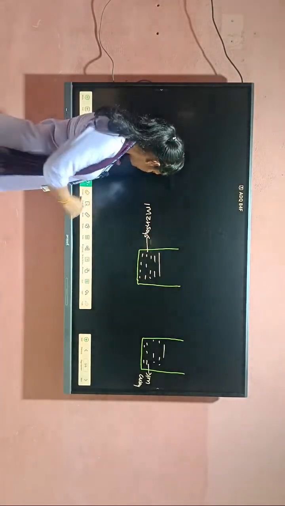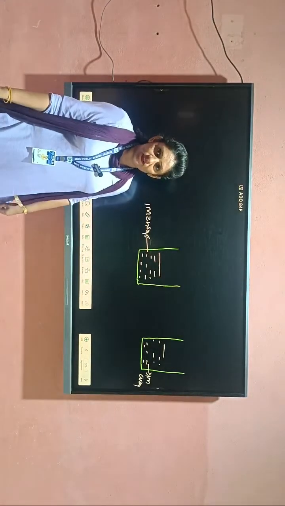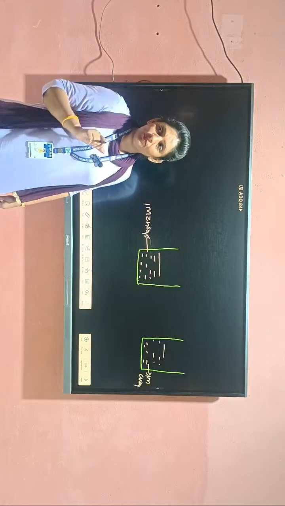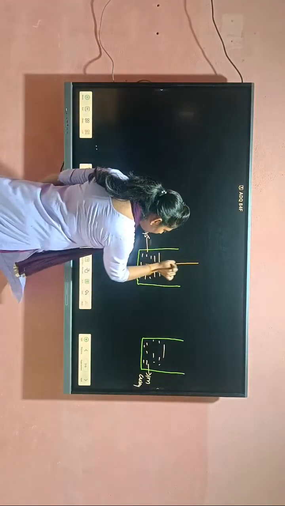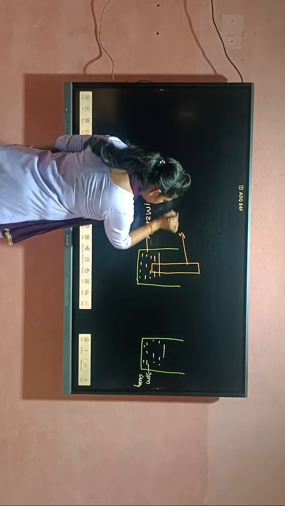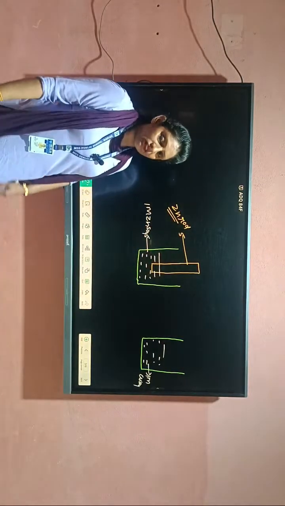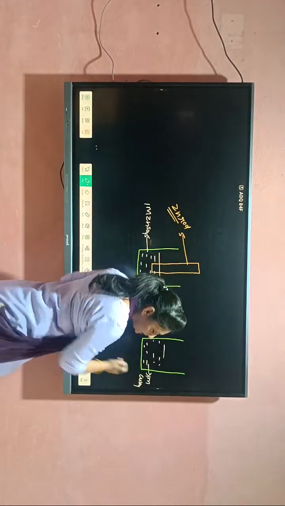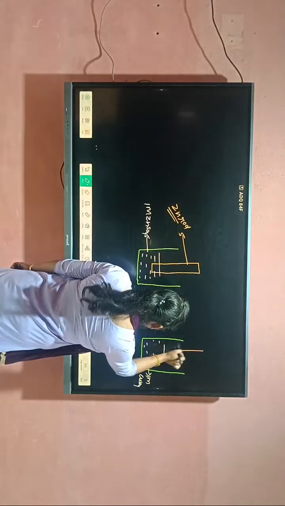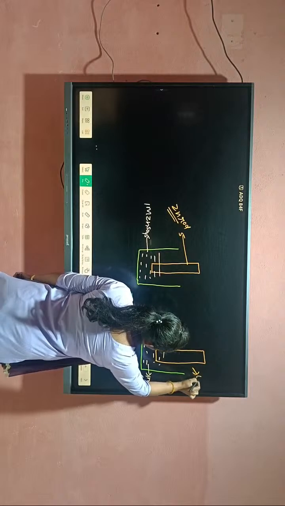Then students, we will dip a metal rod in both of the containers. Here we are taking zinc sulfate, so we will dip the rod of zinc here. In this container we have copper sulfate, so we will dip a copper rod.